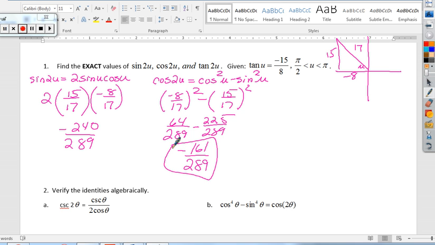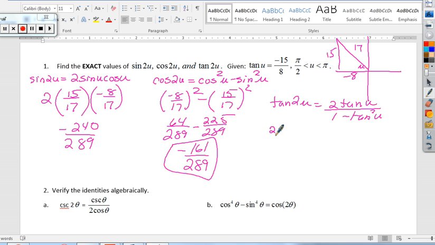The last one we're going to work on here is tan 2 theta, or 2u. The formula I'm going to use is 2 tan u over 1 minus tan squared u. They did give us the tangent here. It is negative 15 over 8.